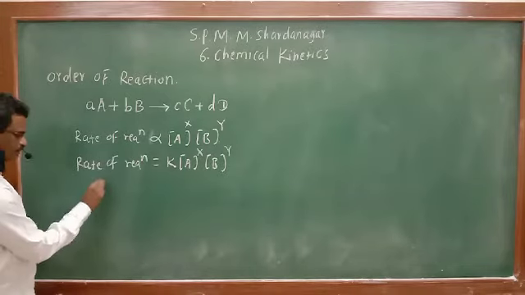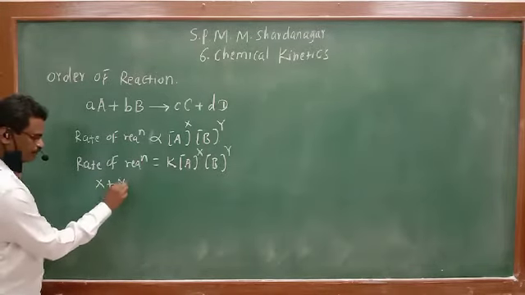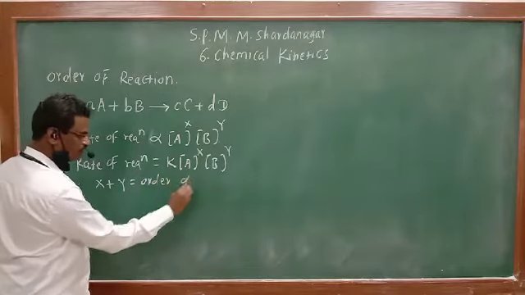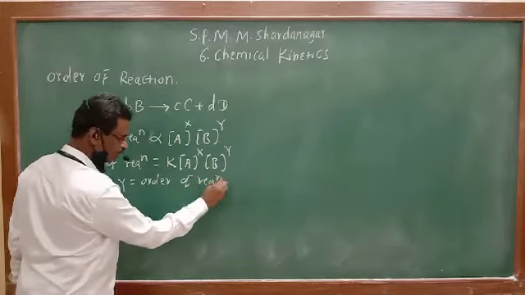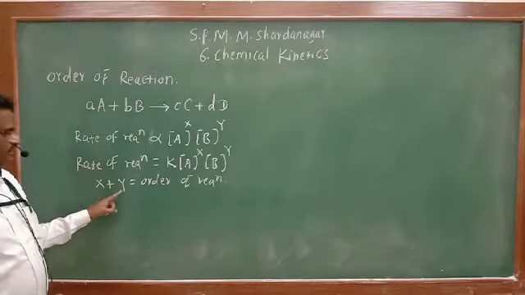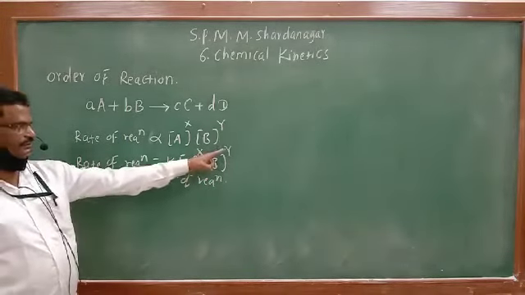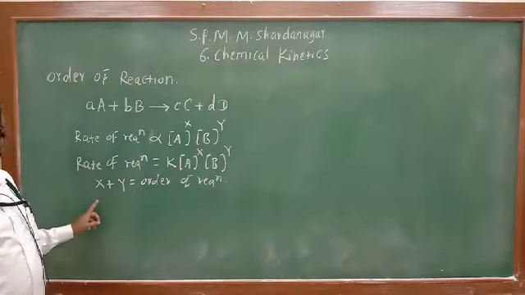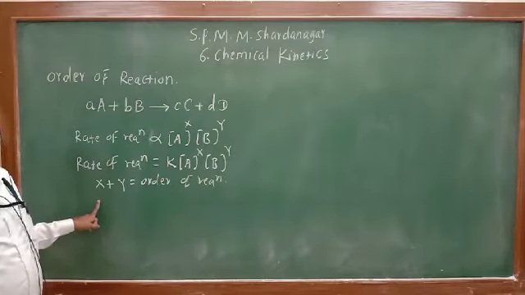x plus y is nothing but the order of reaction. For this reaction, the summation of x and y is known as the order of reaction. So how can we define the order of reaction?